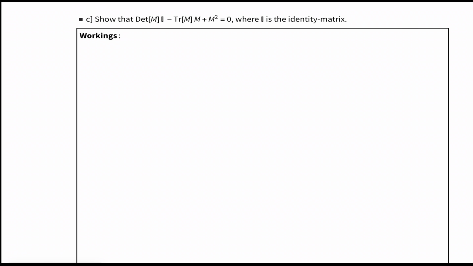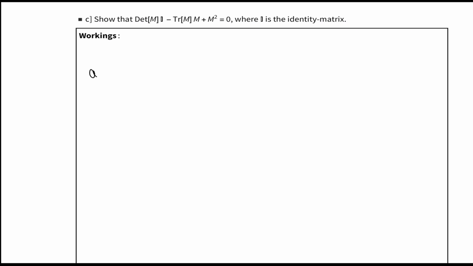Cool. Show that det M multiplied by the identity matrix minus the trace multiplied by the matrix M plus M squared is equal to 0. So det M was AD minus BC, and then we have the identity matrix 1, 0, 0, 1.